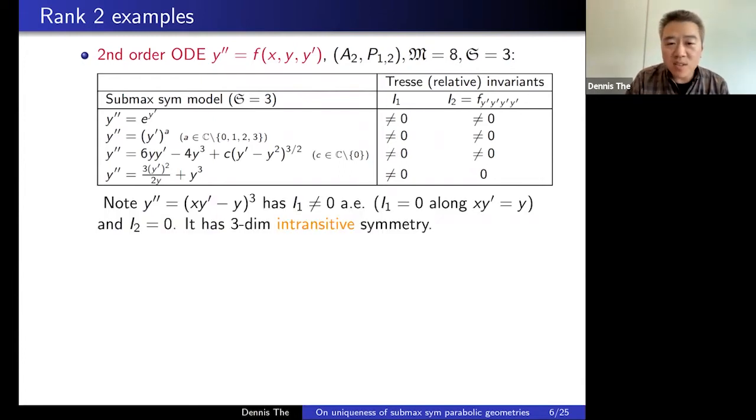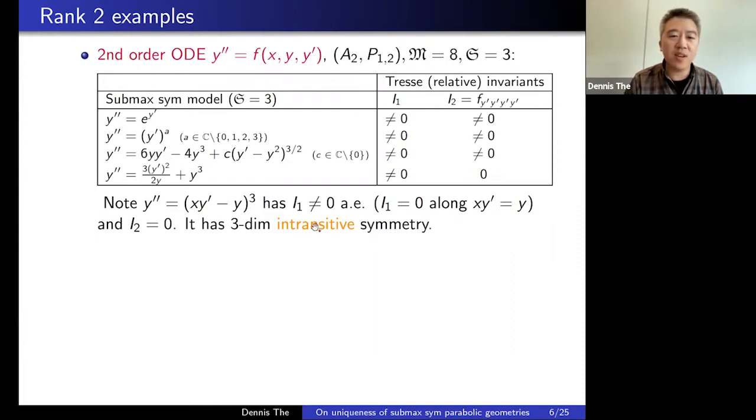There's another nice model that I want to mention, to illustrate why we need to put some more reasonable conditions on the problem. Let's look at y double prime equals (x y prime minus y) all cubed. Here I2 is equal to 0. I1 is non-zero, but not everywhere; it's actually vanishing along a hypersurface.